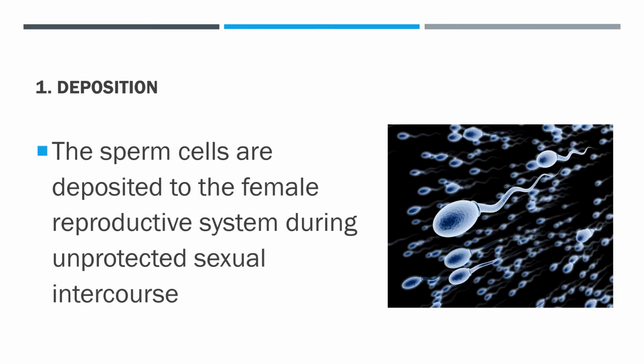When the sperms are fully matured, they are deposited to the female reproductive system during unprotected sexual intercourse. This is done when the penis is inserted in the vagina and copulation takes place. When the male reaches orgasm, he releases about 300 million sperm cells.